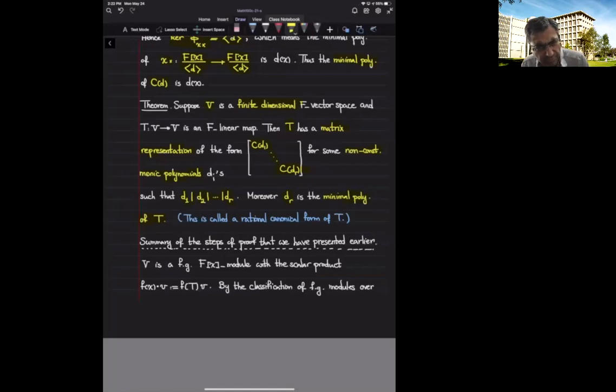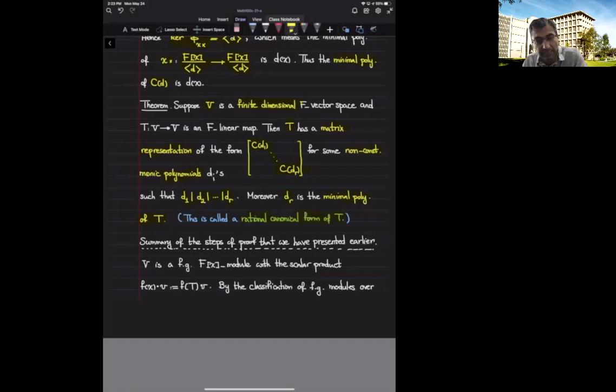Okay, let's see how the proof goes. We have proved more or less the entire statement, maybe except the last part, why D sub R is the minimal binomial of T. But before I go to the proof, let me emphasize that this form is called a rational canonical form of the linear transformation T. One can show that this form is indeed unique, but we are not going to show it right now.